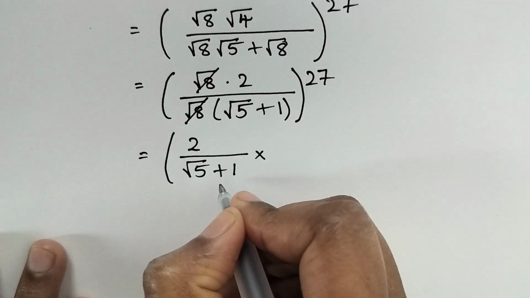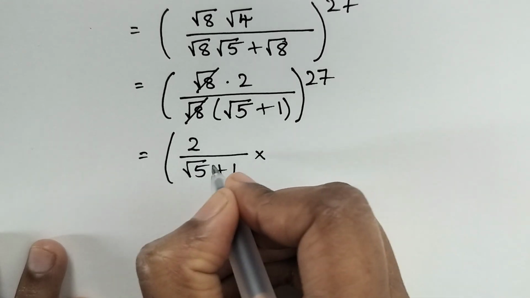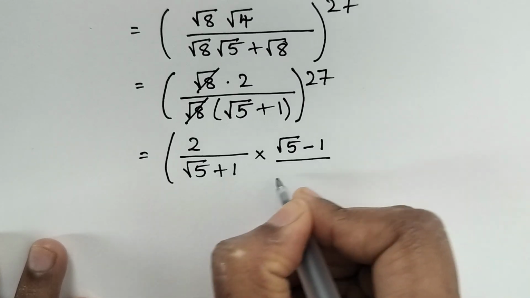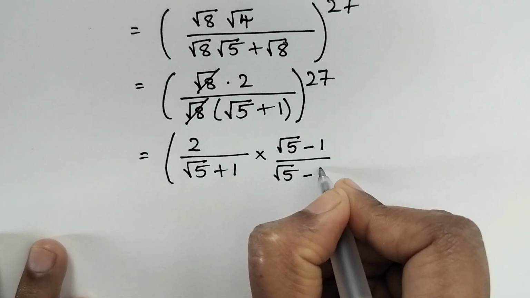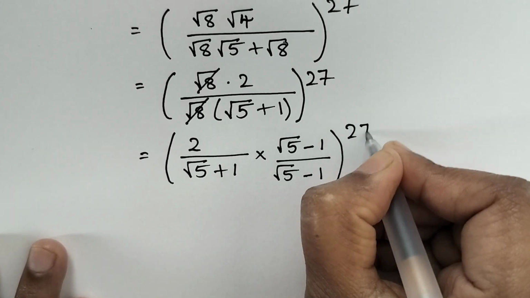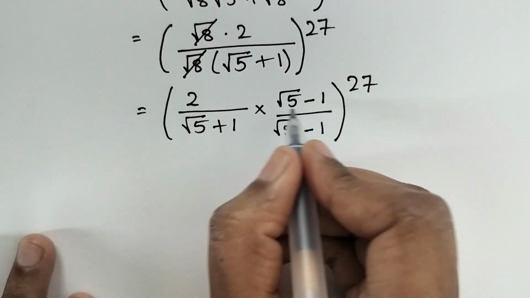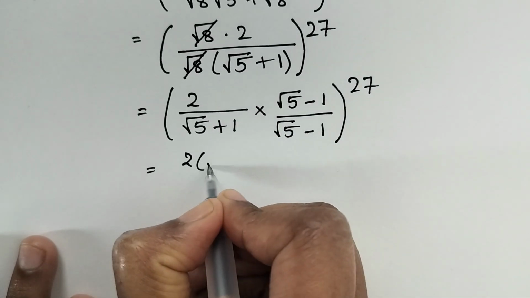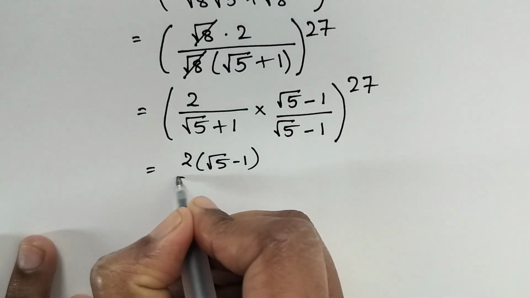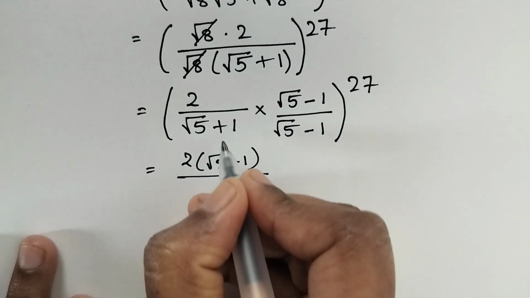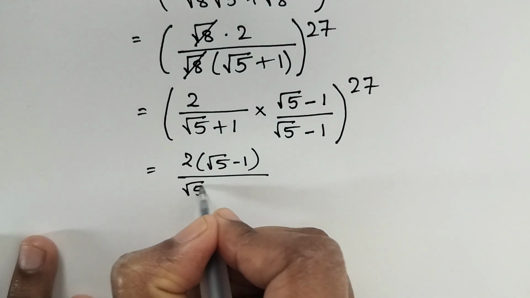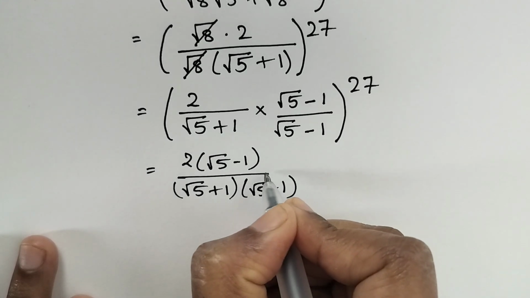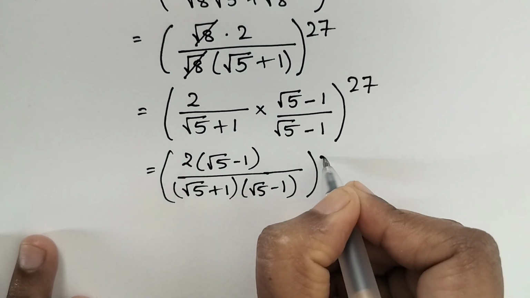In the numerator and denominator, multiply by the square root of 5 minus 1, divided by the square root of 5 minus 1, whole to the power of 27. Multiplying these two terms, we get 2 times the square root of 5 minus 1, divided by the square root of 5 plus 1 times the square root of 5 minus 1, whole to the power of 27.